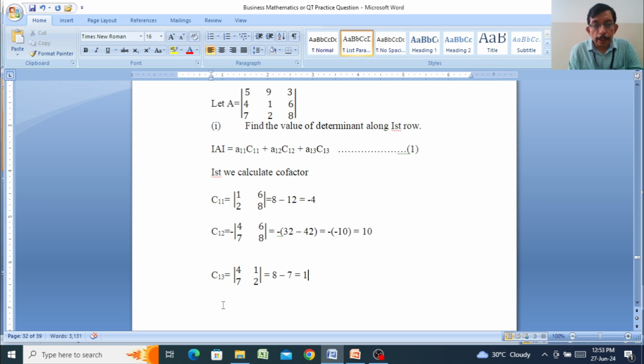Now the cofactor is found. Now put all the values from equation first.